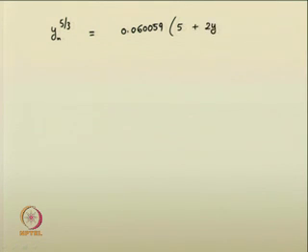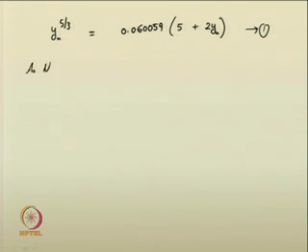I can write the following relationship now, y n to the power of 5 by 3 is equal to 0.060059 into 5 plus twice y n. Okay. So, this you can give as equation 1 if you want to search that.